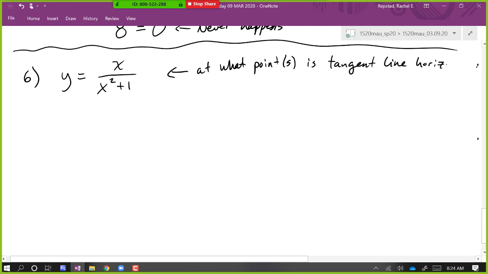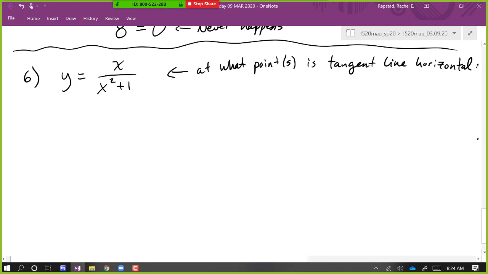So here we're definitely talking about the slope of a tangent line. The slope of a tangent line is the derivative. If the tangent line is horizontal, what is its slope? Zero?